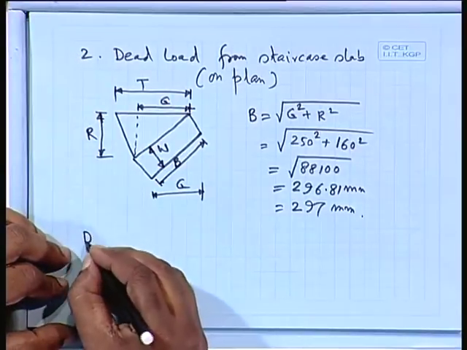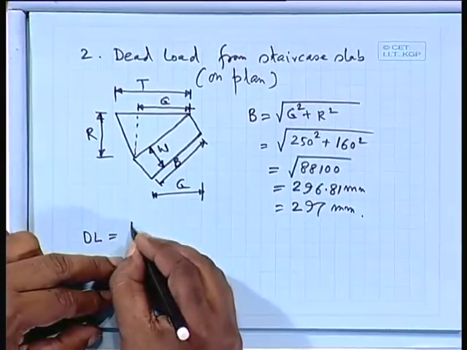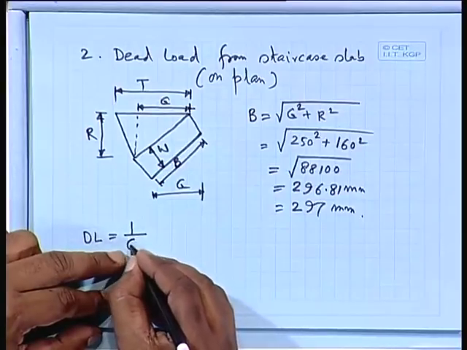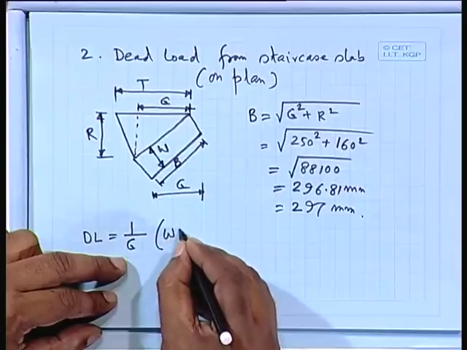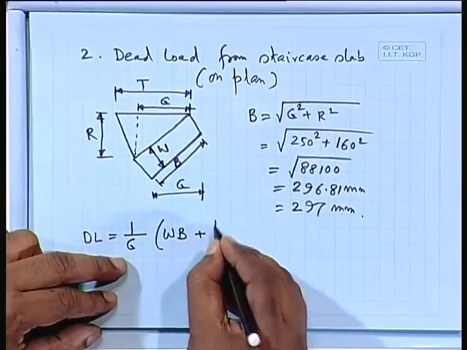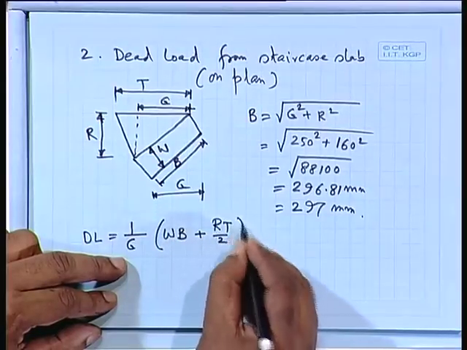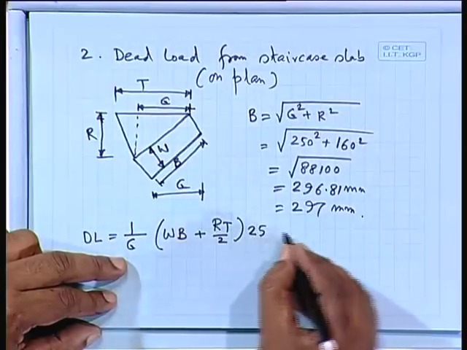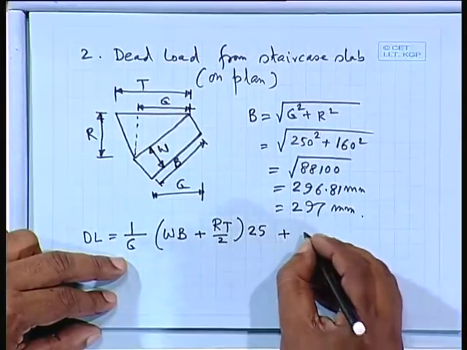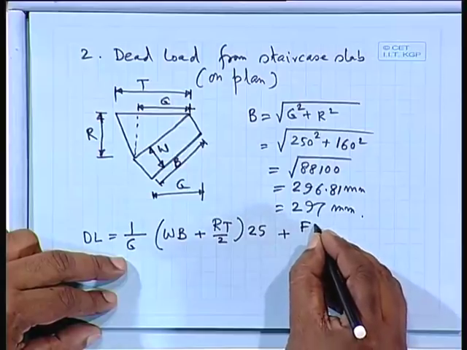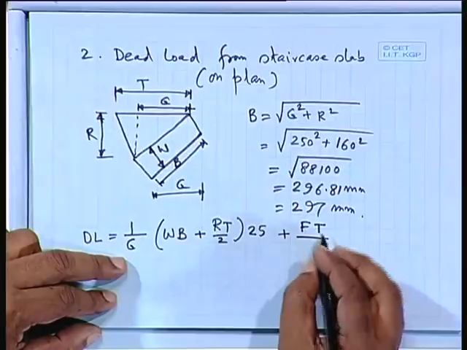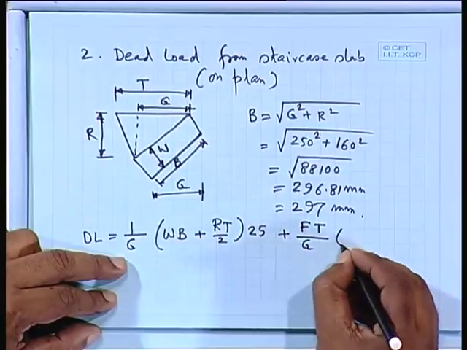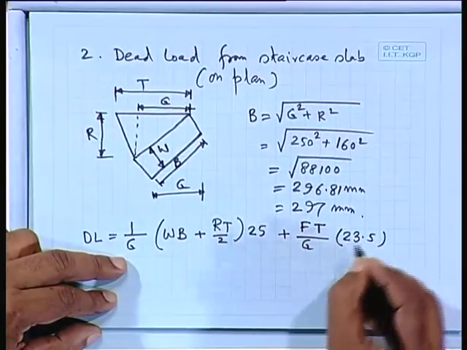Dead load, it will be per meter length of the horizontal one, 1 by G, we have already got it, WB plus RT by 2 times 25 plus F, the floor finish thickness, F times T, T is the tread because over the whole tread, divided by G times the unit weight 23.5.